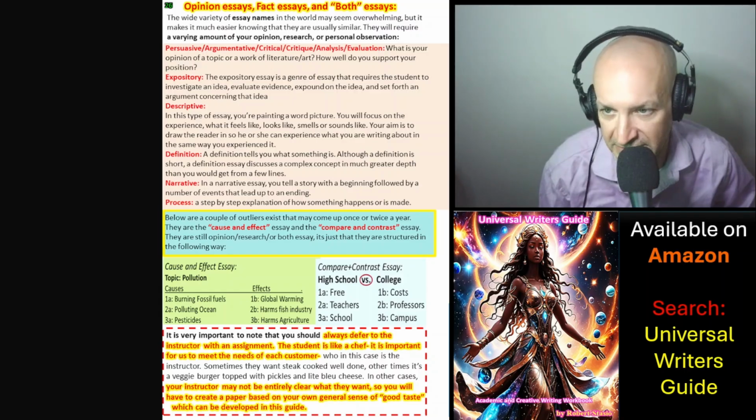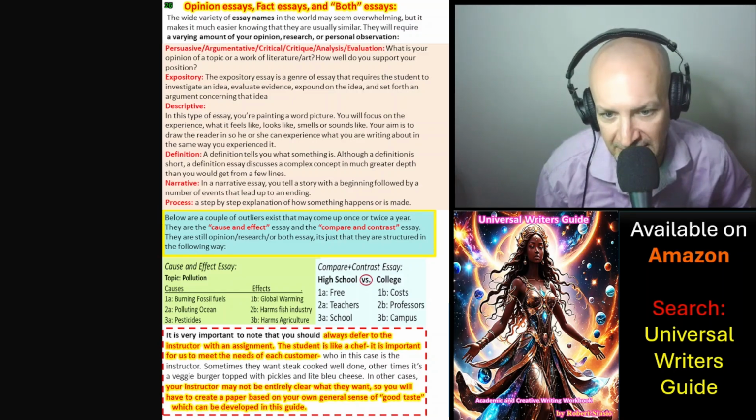What does burning fossil fuels do? Effects A, B, C might be air quality, heats up the atmosphere, and one more effect is it dries out the wildlife or reduces the ecosystem. And you go right down the line.